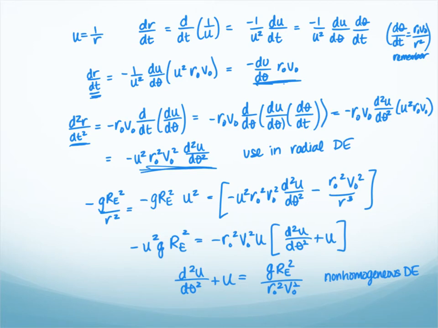We're rewriting this differential equation in the radial direction in a much simpler form, where it's simply a second order non-homogeneous differential equation. And it's actually a relatively familiar one. So let's go to the next page to take a look at this.